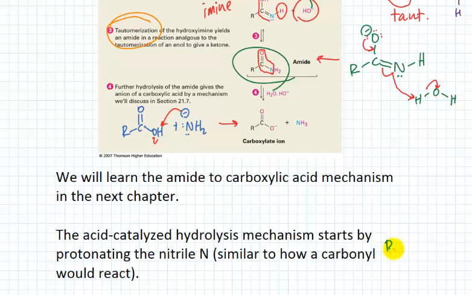We'll end up with something that looks like this: N with 4 bonds, N plus. That now activates this carbon even more for attack by just neutral water, for instance. So I bet you could probably figure that out.